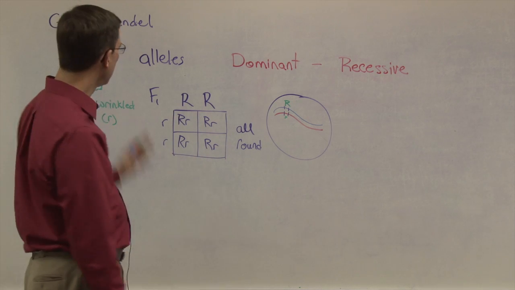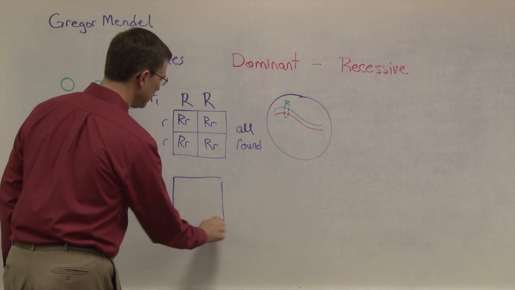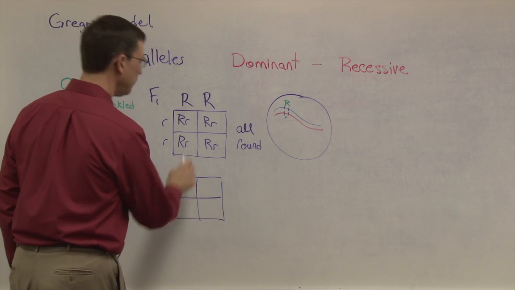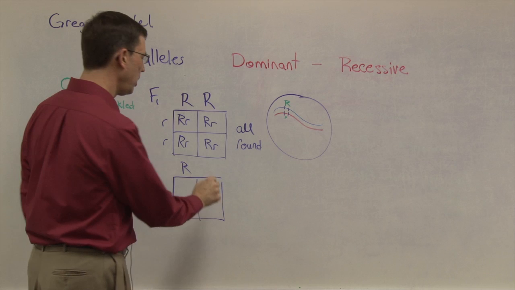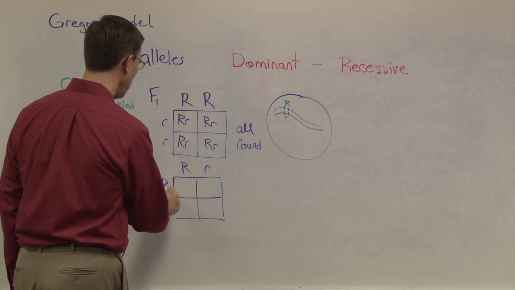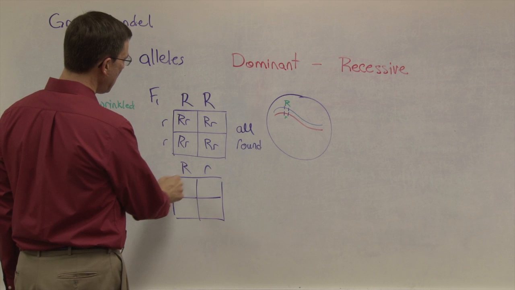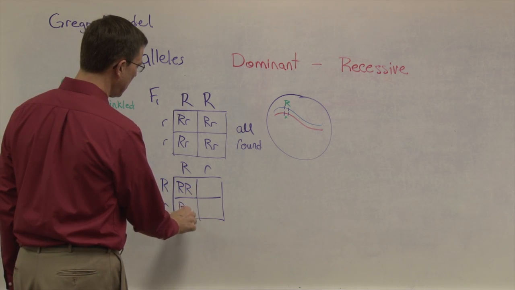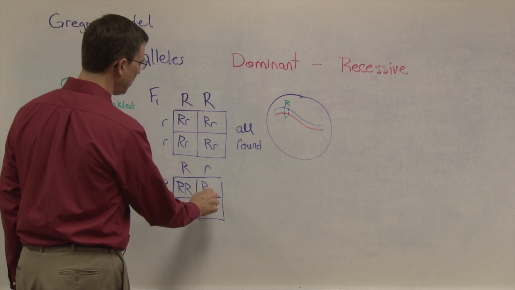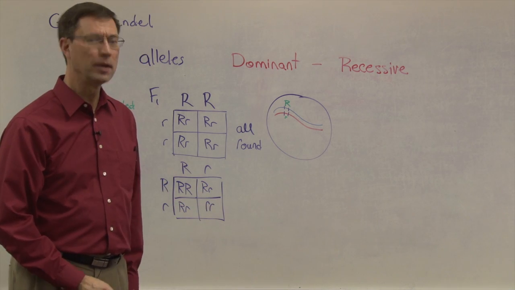And then what Gregor Mendel did, remember, is he took some of the plants from here and crossbred them. So he did a capital R, little r, capital R, little r, to see what the offspring would be like. And this ends up being capital R, capital R. This one is capital R, little r, capital R, little r. But then here is little r, little r.